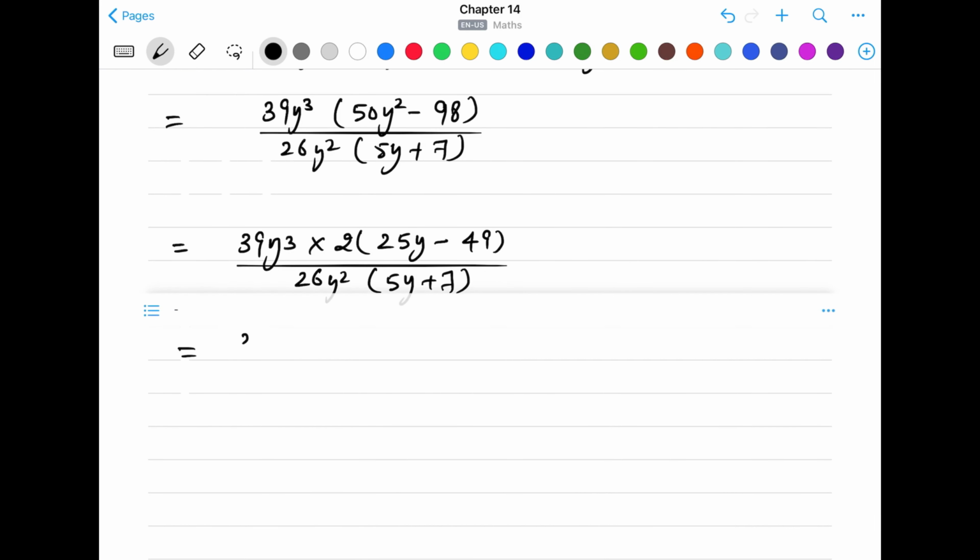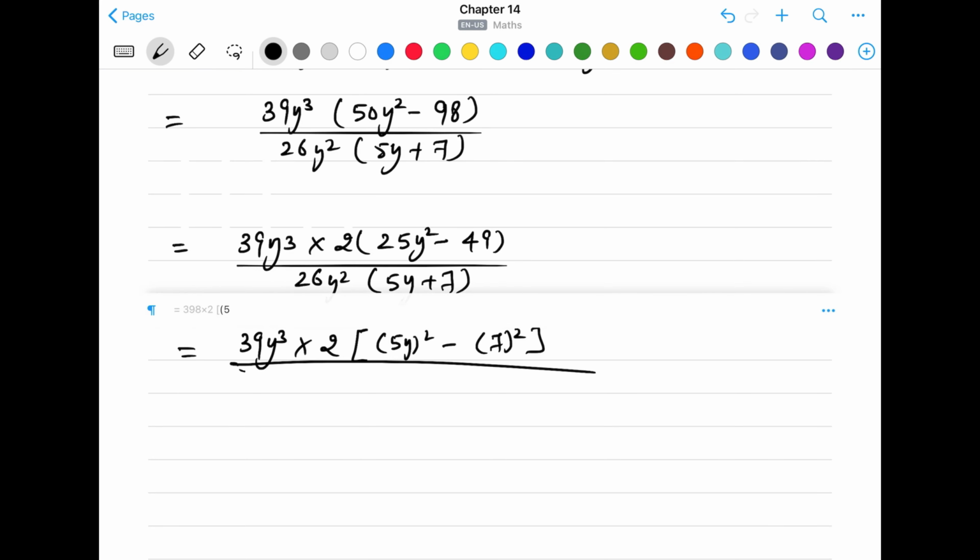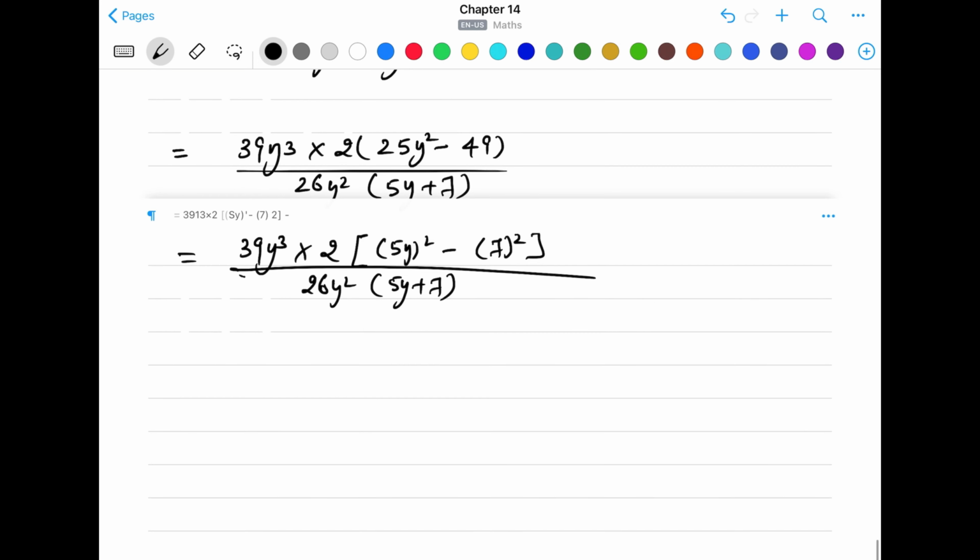Now we can write this as 39y cube into 2 into 5y whole square minus 7 whole square, divided by 26y square into 5y plus 7.